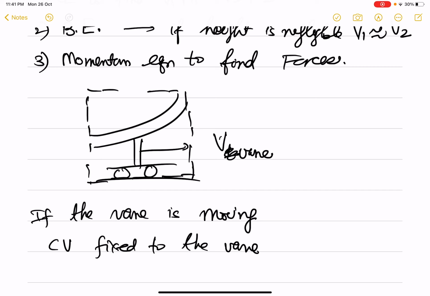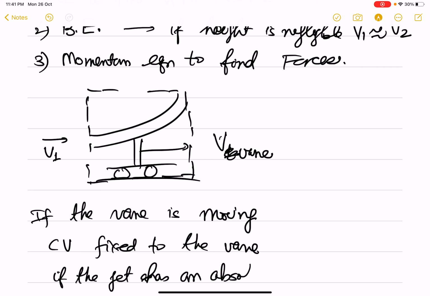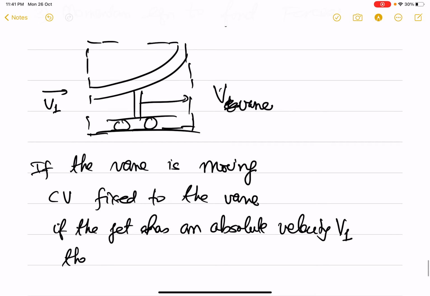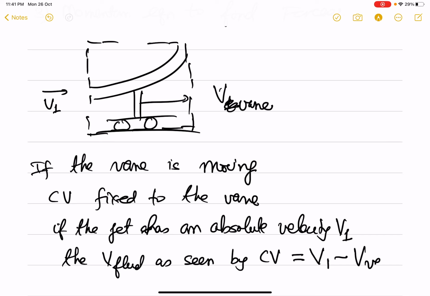Now if the jet has an absolute velocity V1, the velocity of the fluid as seen by the control volume will be equal to V1 minus V vane.